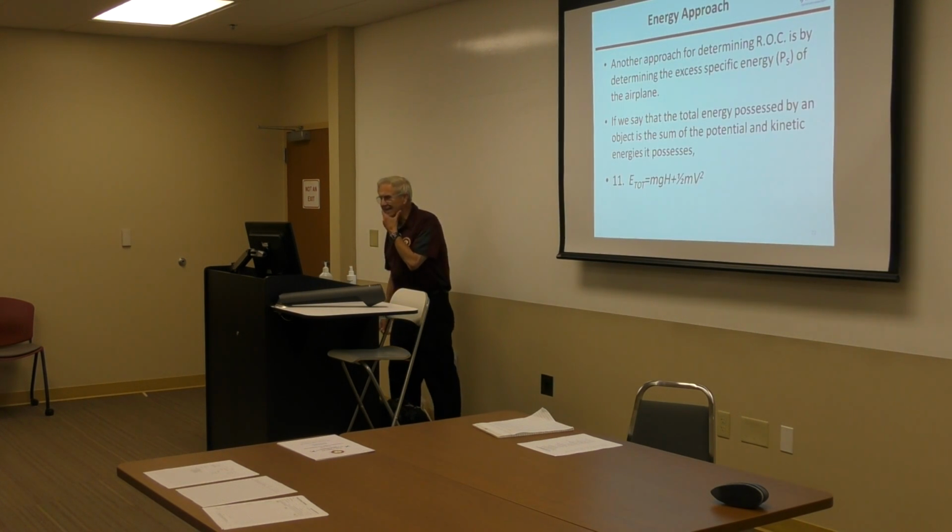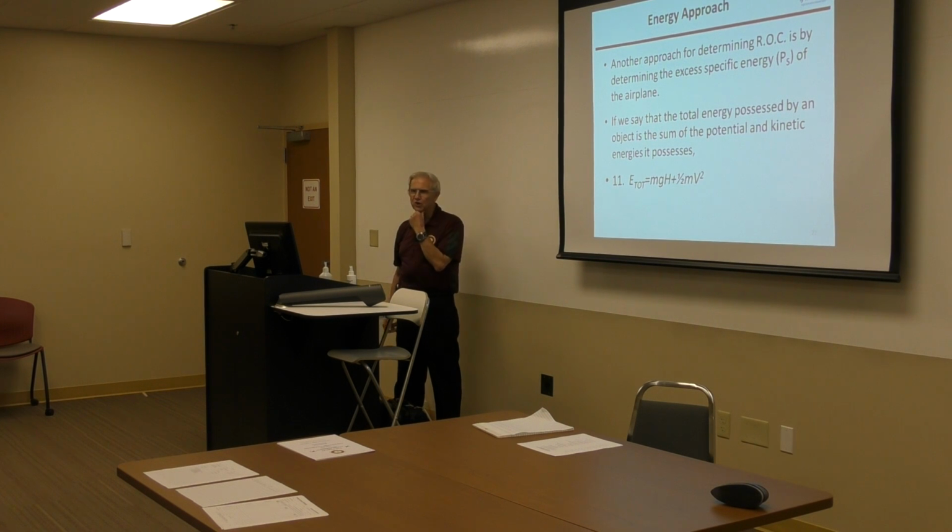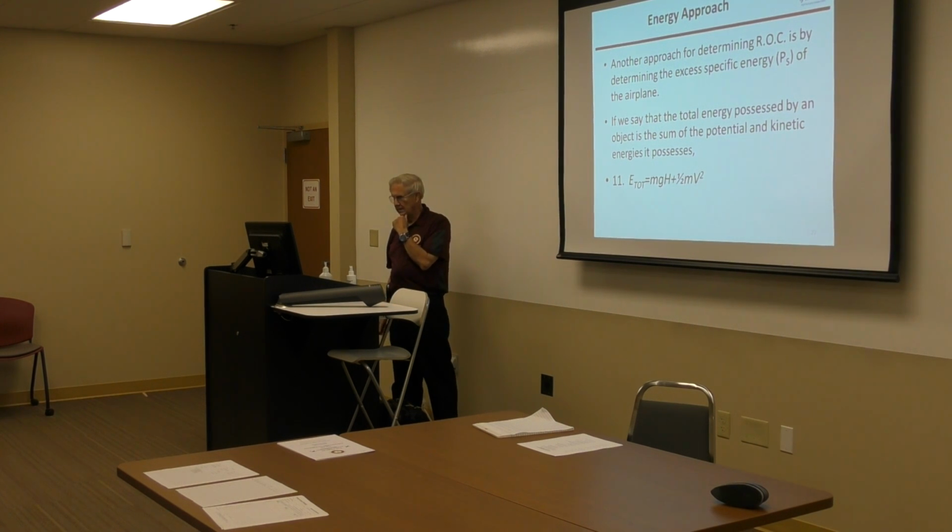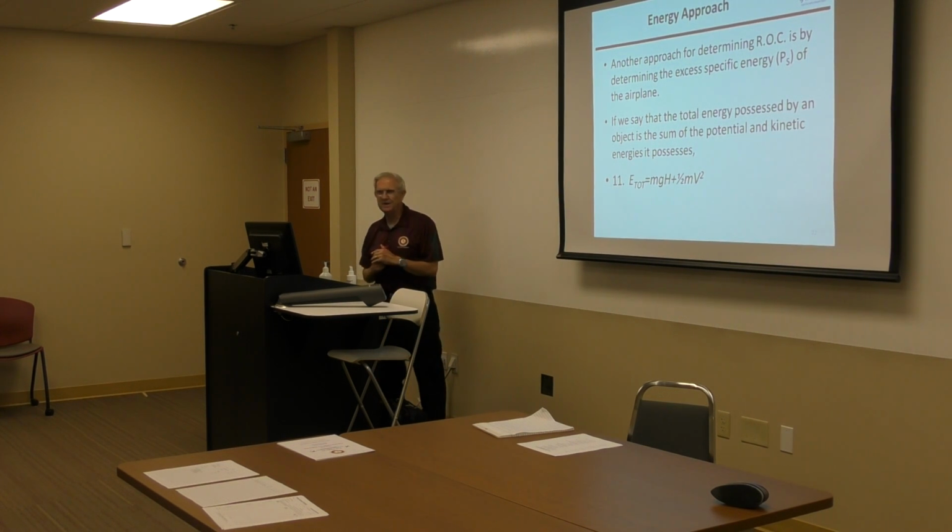Okay, now let's look at this from the standpoint of just energy. We'll determine what we call the excess specific energy, or P sub S. You may have heard that term. It's come into use probably in the past 30, maybe 40 years.